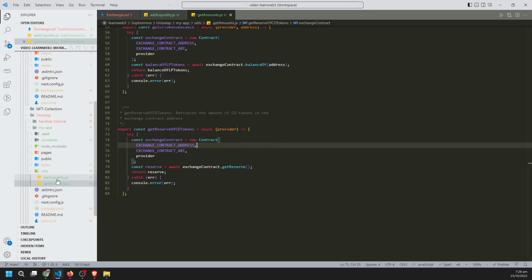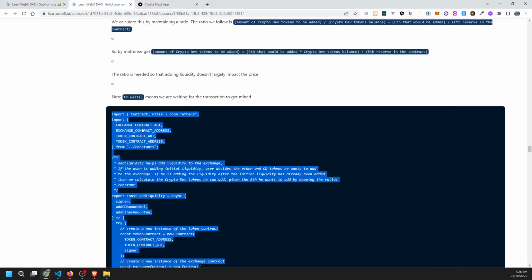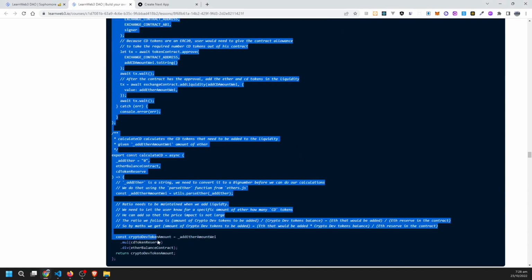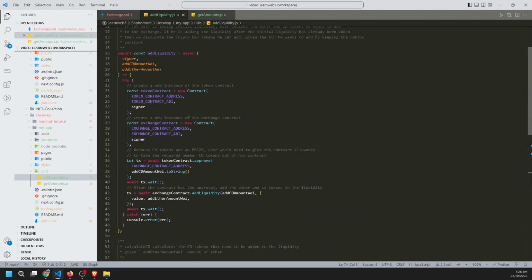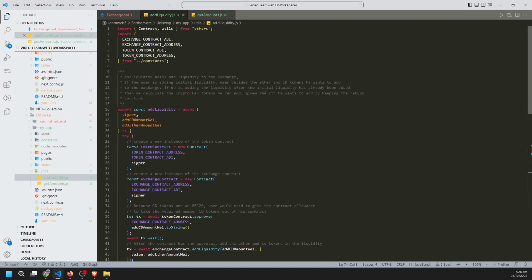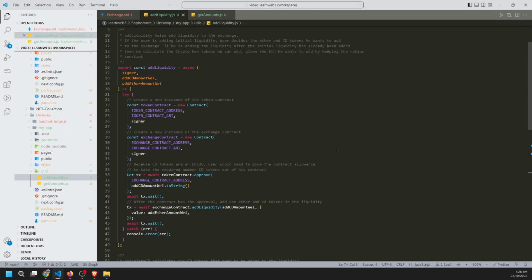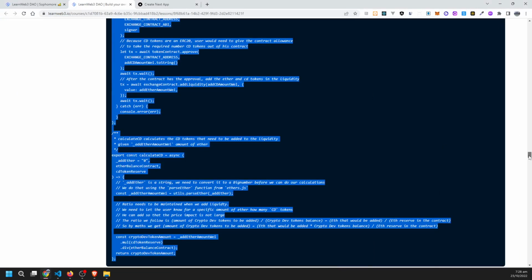Yes, we have already created that file. Now let's copy it. Here, paste it. Here we are adding liquidity. Now let's move on.